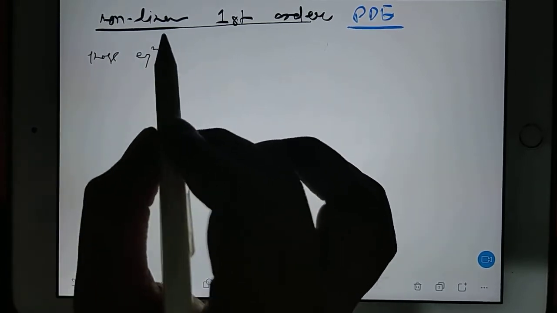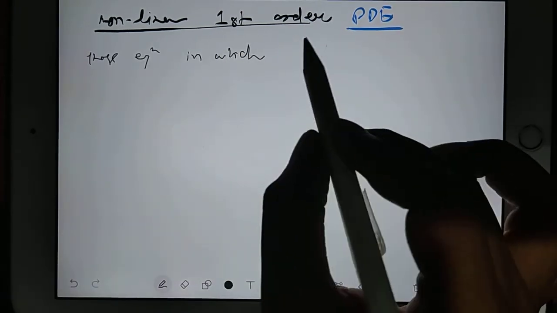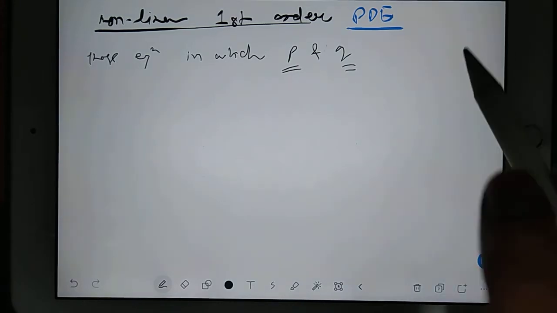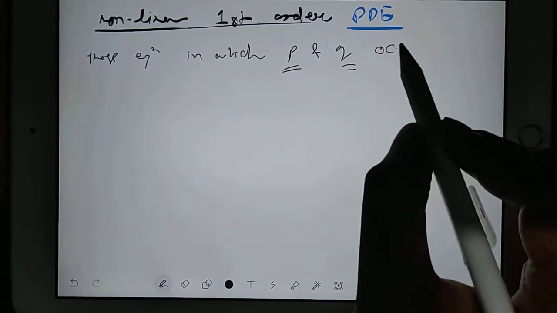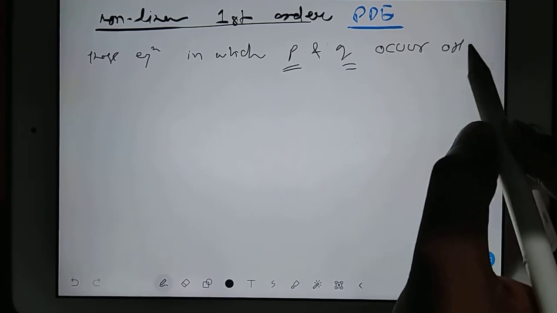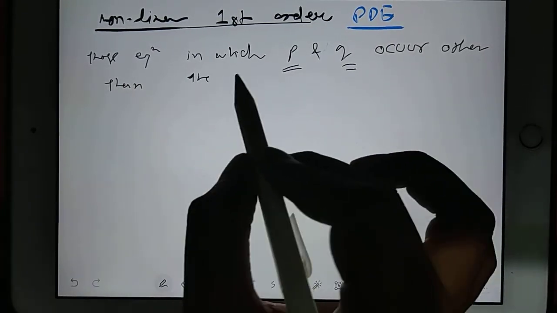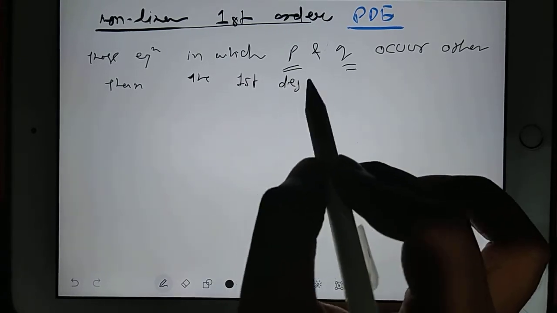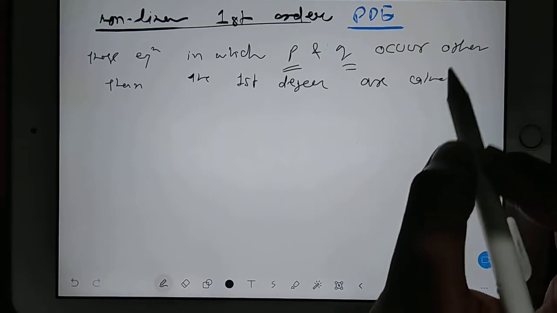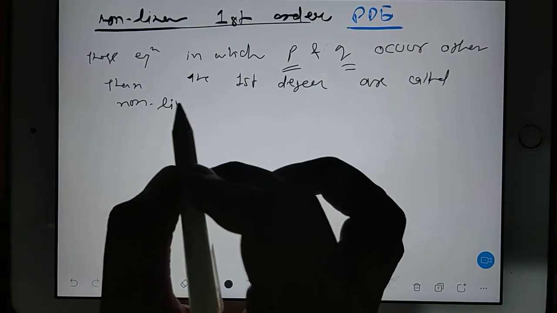Those equations in which p and q, small p, small q, occur other than the first degree are called non-linear.